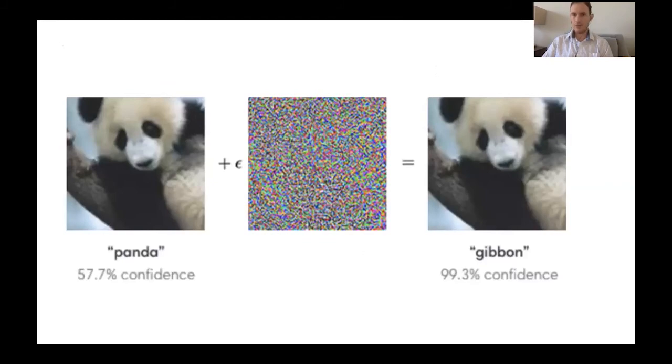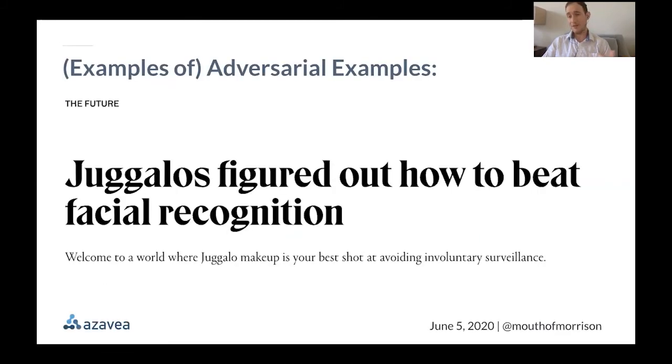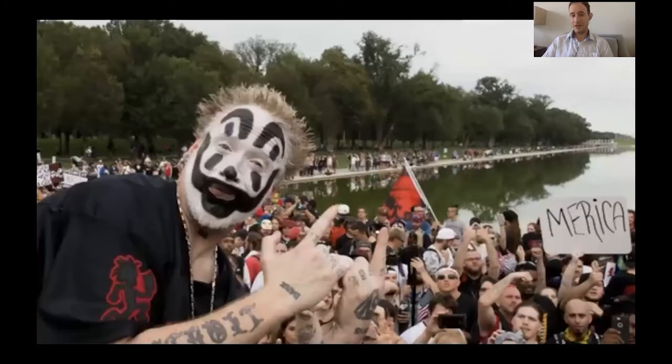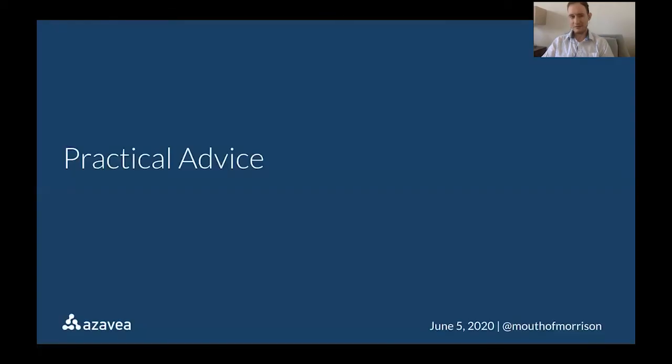Even just a simple noise filter that's invisible to the naked eye can be enough to throw off really sophisticated models. And my favorite example, juggalos with face paint on, defeating facial recognition algorithms because it can't tell where their chin is. So it's got no waypoint for figuring out the shape of their face. Here's an example of what that looks like. You can see the juggalo's chin is in the wrong place.